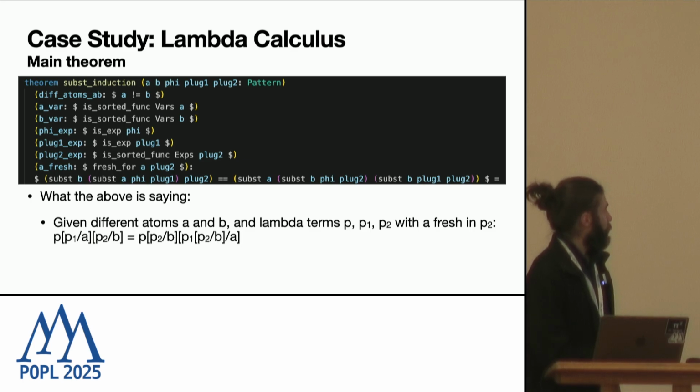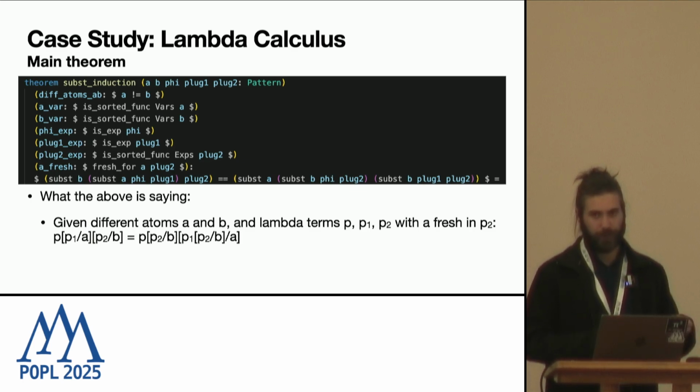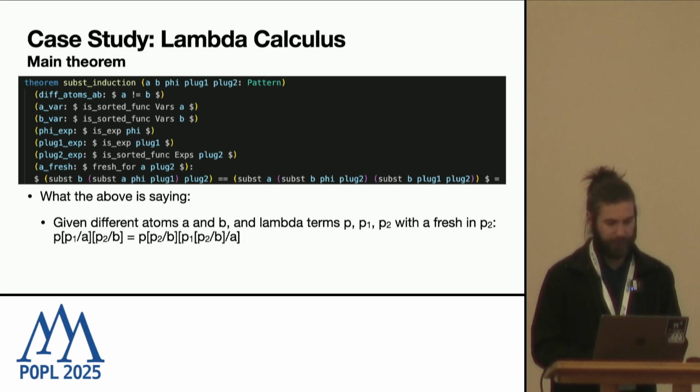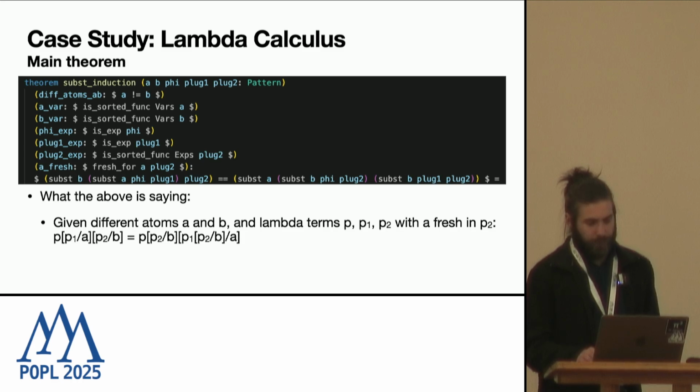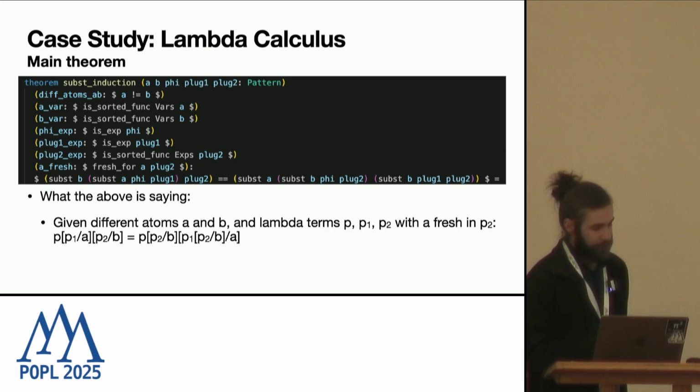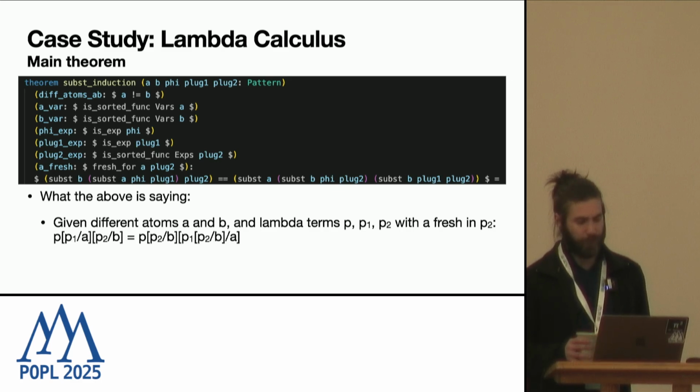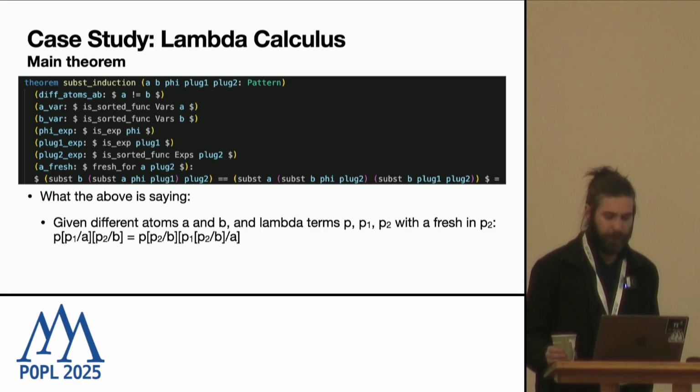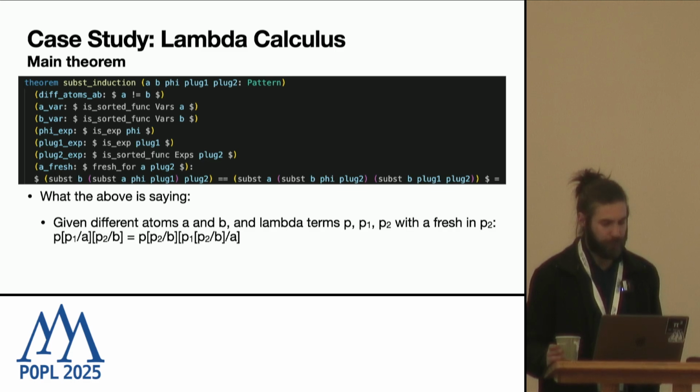And this is one of the main theorems that we proved, that we used the induction principle for. This is a common identity about substitution in lambda calculus. I know it looks like, again, a bit of a wall of text, but if you actually sit down to look at this, what it's effectively saying is that if we are given two different atoms, A and B, and lambda terms P, P1, and P2 with A fresh in P2, we can prove this common identity about substitution.